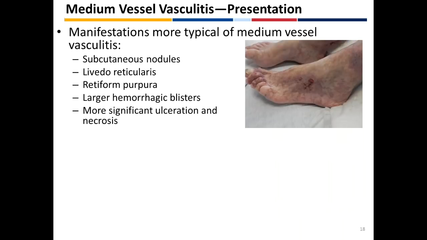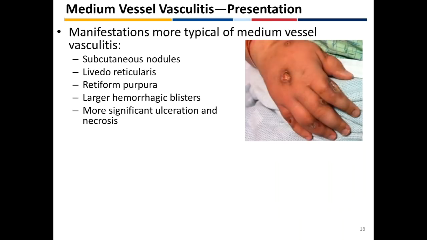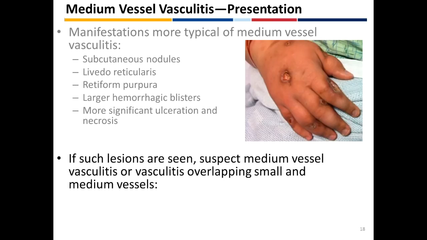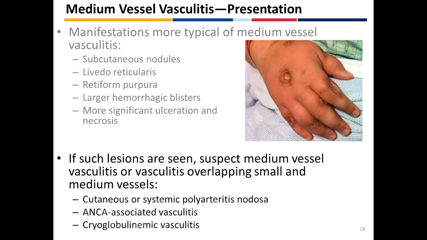And so diseases like polyarteritis nodosa, ANCA-associated vasculitis like Churg-Strauss or granulomatosis with polyangiitis, cryoglobulinemic vasculitis, we would be thinking about those entities. So using the skin exam alone, we can narrow the differential diagnosis considerably.